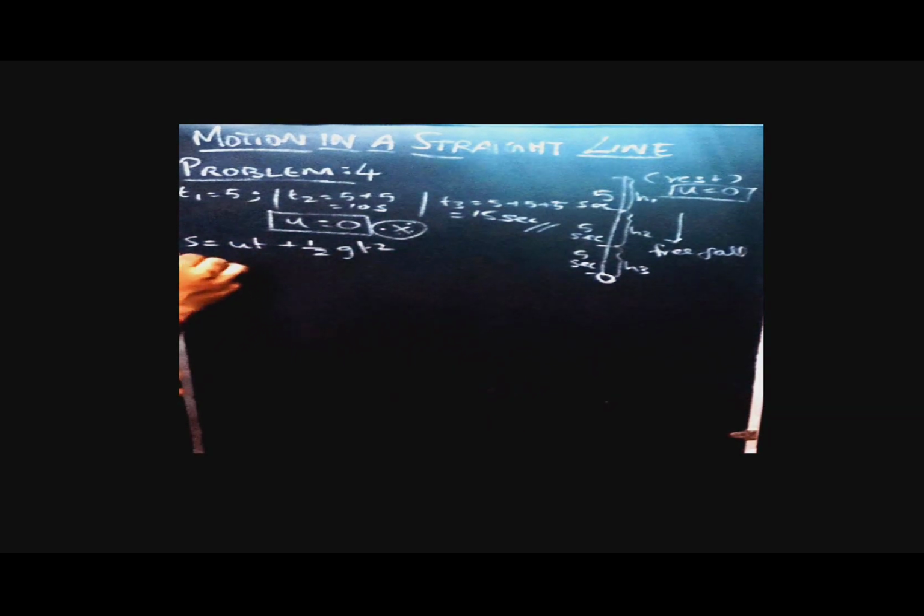As the object is falling down, we are using the second equation of motion here. So s equal to ut plus half at square, so half gt square. For the first part, t1, h1 is equal to u substituted as 0 plus half into g into 5 square.